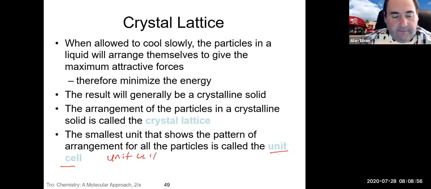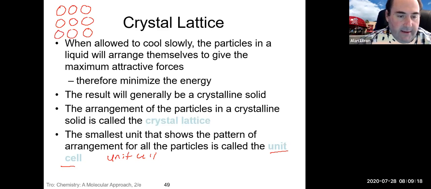And if you pick the unit cell correctly, you can really recreate the entire structure. So for example, if we had some atoms that came together in this sort of pattern, you may say, well, it seems logical that I will just grab this one here as my unit cell and go, cool, I got the whole atom.